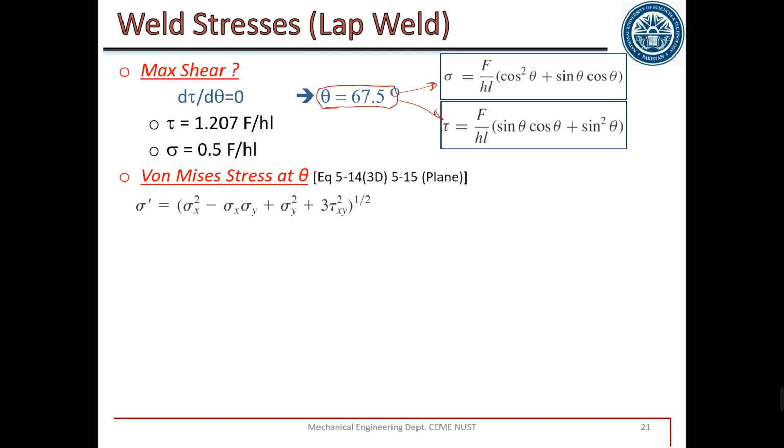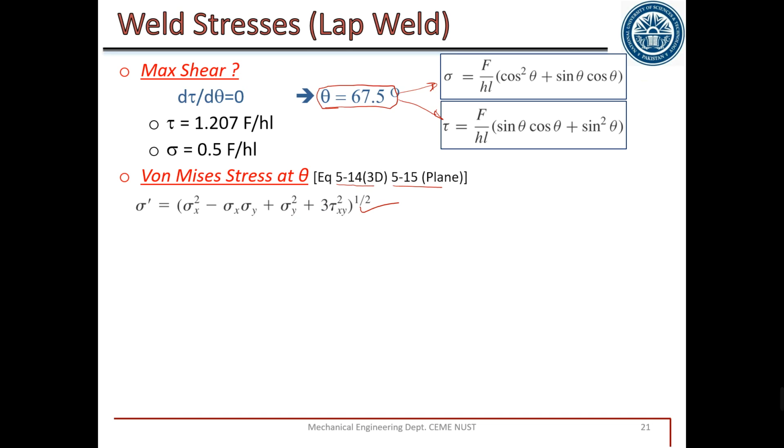You can see the equation in the machine design book: equation 5.14 for 3D space and 5.15 for plane stresses. I have taken equation 5.15, for the case of plane stresses, or 2D stresses, simply stresses in a plane. In the case of a weld, we have only one stress, sigma x. We don't have any other stress.